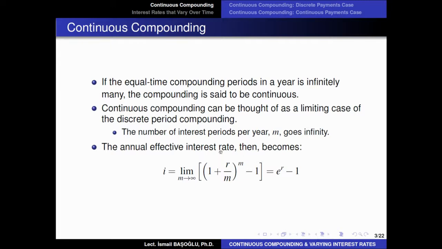So this formulation was calculating the annual effective interest rate. Remember, R was the nominal interest rate. R over M was the effective interest rate that corresponds to a period.